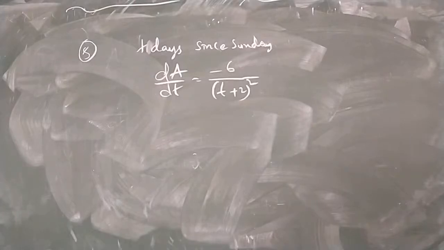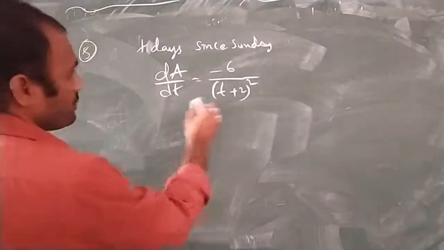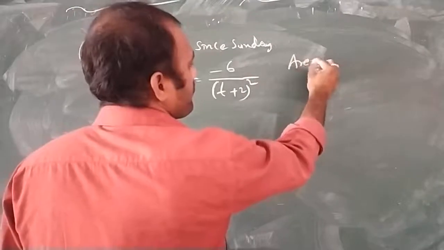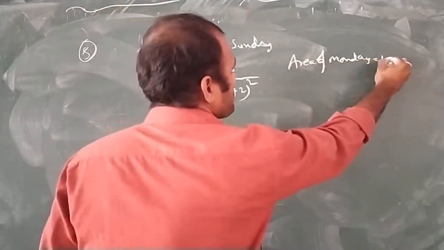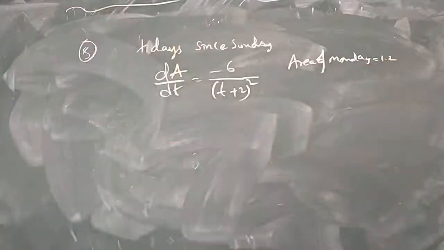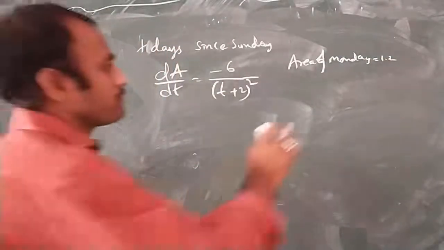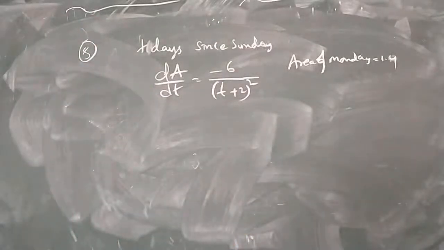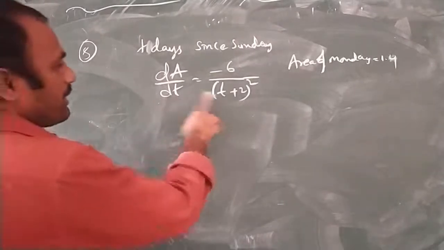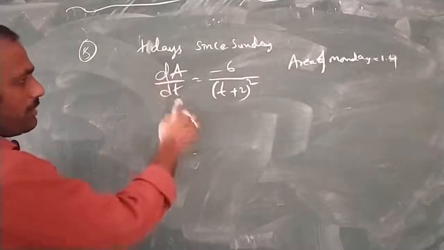The area on Monday is also given, so we will write this side. The area on Monday he has given as 1.4. We need to find out the area of the wound on Sunday as well as on Thursday. See here, I want the area, since it is given the rate of change of area with respect to time.